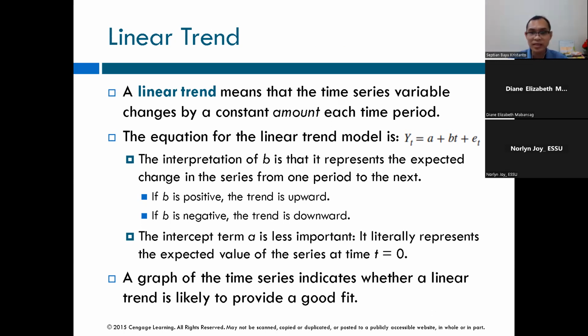The beta is here, so we need to find the sign of the beta. If the beta is positive, it should be upward. But if the beta is negative, it could be a downward trend. So the upward trend is like this one. The downward trend is like this one.